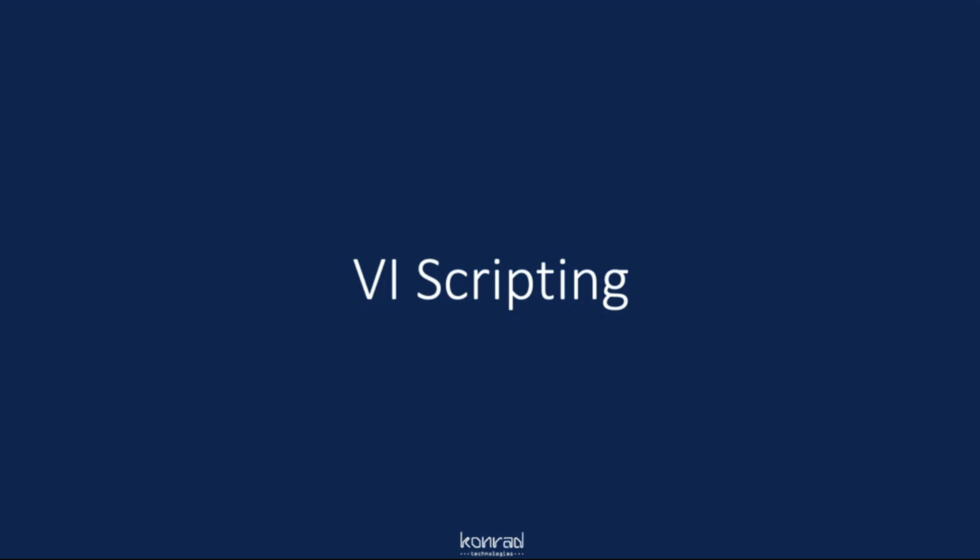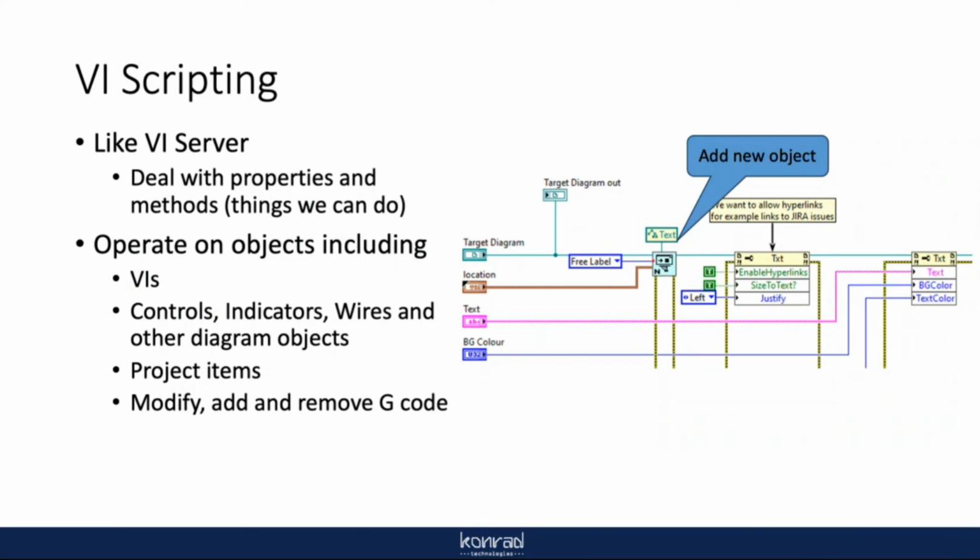So for example, it's a little bit like VI Server. It allows us to deal with properties and methods on objects on the block diagram. When we say properties, we mean properties of wires, properties of nodes, properties of sub-VIs, for example, and it includes methods, things we can do. So for example, we can programmatically create wires. We can programmatically drop items onto the block diagram. We can programmatically tidy up block diagrams, add new objects, move objects.